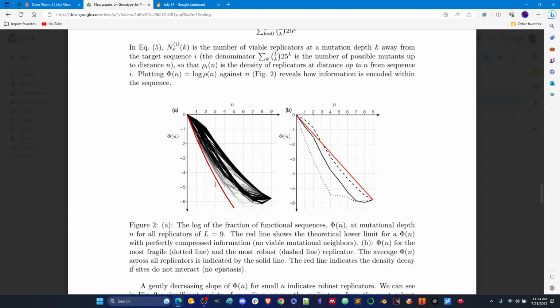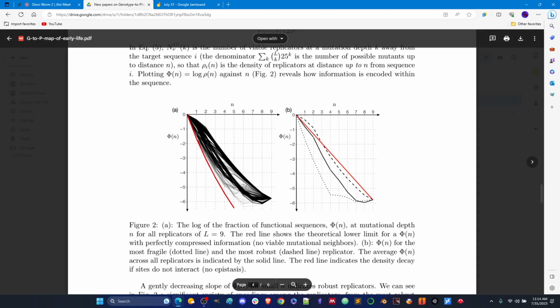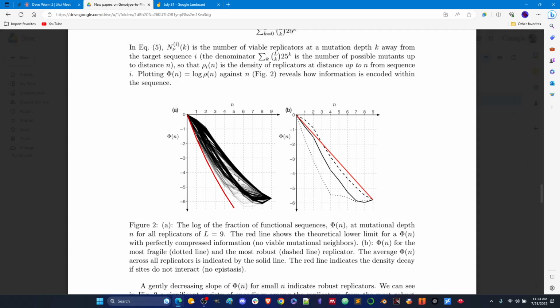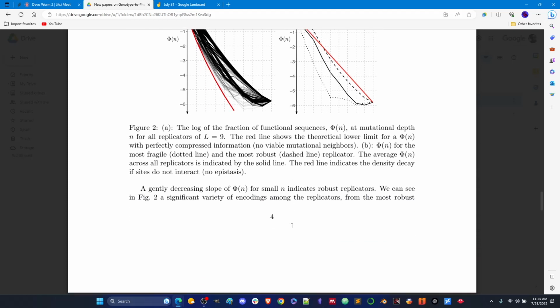The red line is the theoretical limit, so nothing should be below that. And then these black lines are the different examples that they got from the program. The red line indicates the density decay if sites do not interact, no epistasis. So epistasis are these gene-gene interactions, and most of them are exhibiting epistasis, so you see them above the red line.